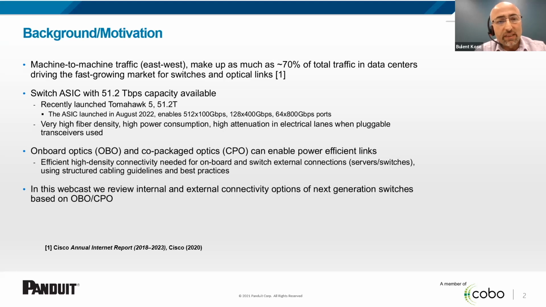Efficient high-density connectivity is needed for onboard and switch external connections, servers to switches. And we could use structured cabling guidelines and best practices for the whole network. In this webcast, we will review internal and external connectivity options of next-generation switches based on onboard optics and co-packaged optics.